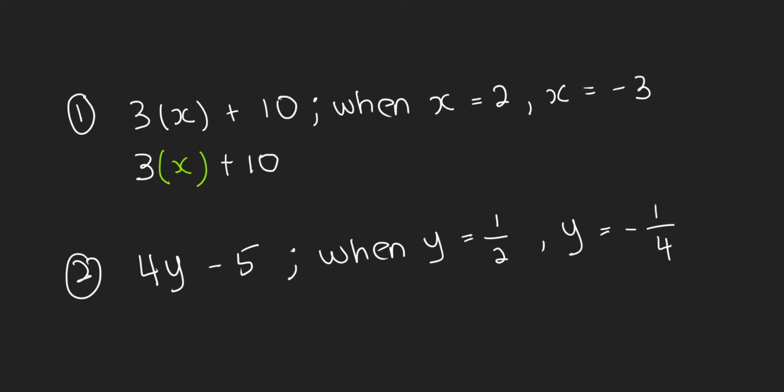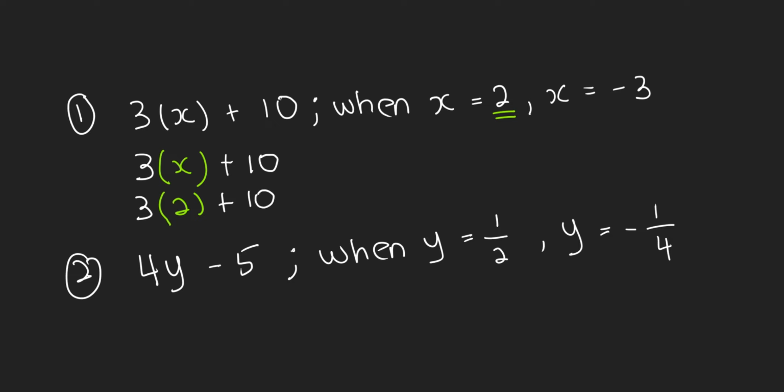So wherever I see the variable x, I'm going to substitute that with the first given value. In this case, they say the value of x, the variable, is 2. So I'm going to substitute with 2, and go on and complete the expression, plus 10.